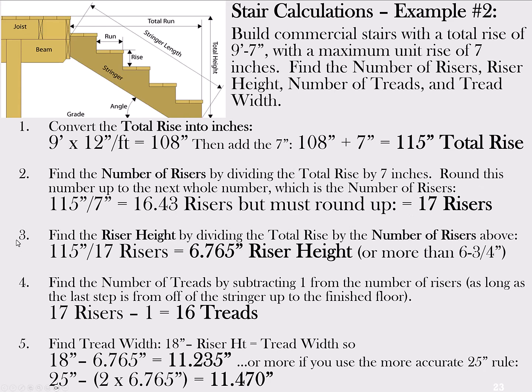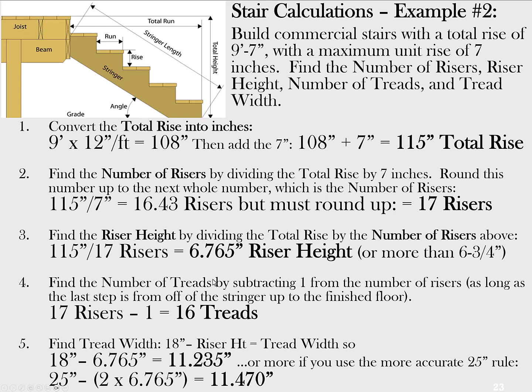Now we can use that number, 17 risers, in step 3. We're going to take that 115 inches and divide by 17 risers, and we got 6.765 inches for the riser height, which is just a little bit more than 6 3/4 inches. Step 4 is just finding the tread boards. If we had 17 risers, subtract 1, we got 16 tread boards.